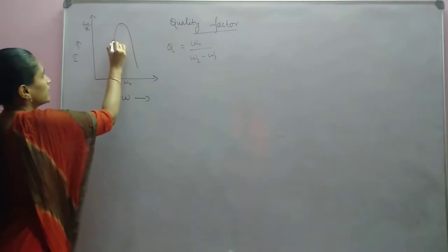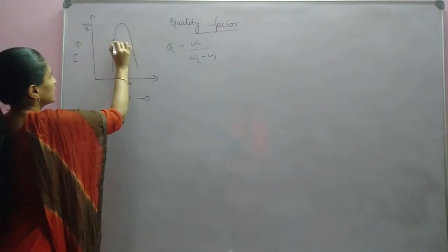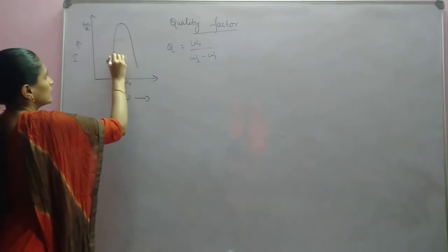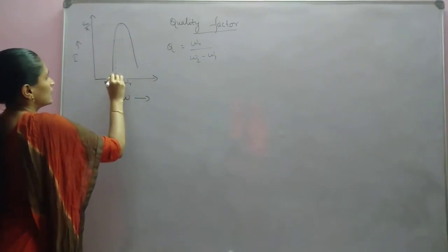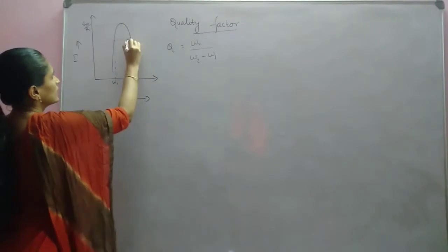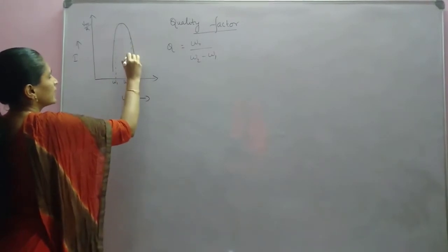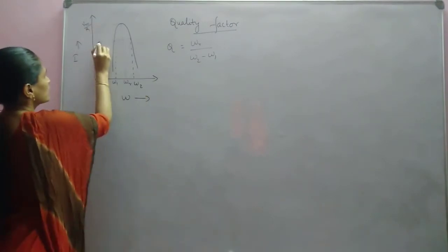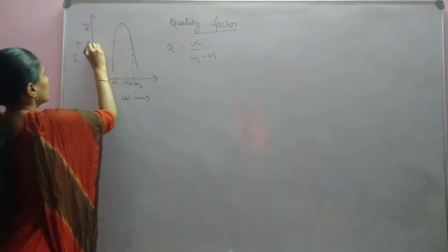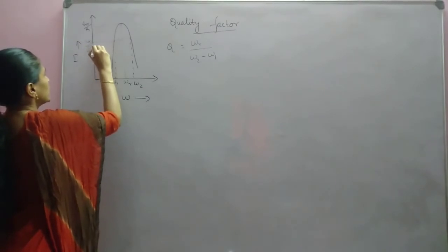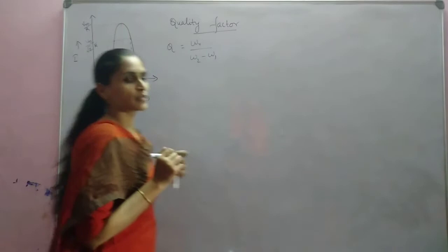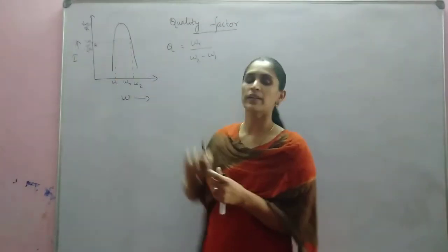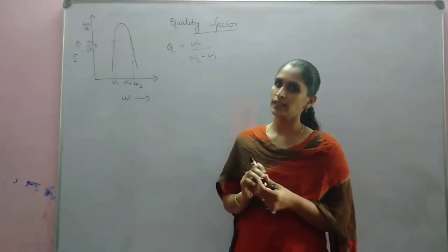For example, it happens at these points, we can see. This we can write as omega 1 and this as omega 2. What's the speciality of this? Current will become 1 by root 2 times the peak value. Automatically impedance will become root 2 times the impedance at resonance.